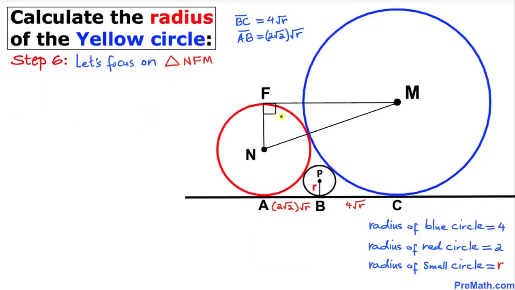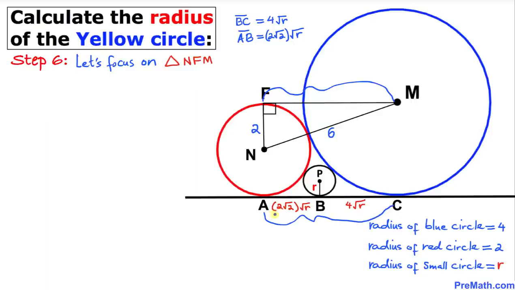Now let's focus on this right triangle NFM. We know that the radius of this blue circle is 4 units, and this one for this red one is 2. If we add these up, that is going to give us 6 on this side, and on this side this radius is 2. And one more thing, this side FM is the same as this side AC.